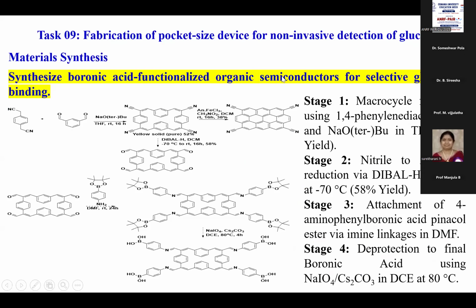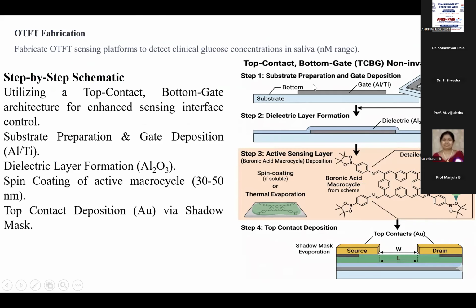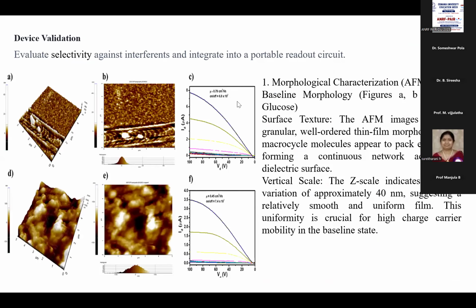We already synthesized the compound, and we already studied it for the fabrication of a top contact bottom gate based device. Based on this device, the film is a well organized film, and the measured initial mobility of the initial device is 0.79 centimeters squared per volt second.